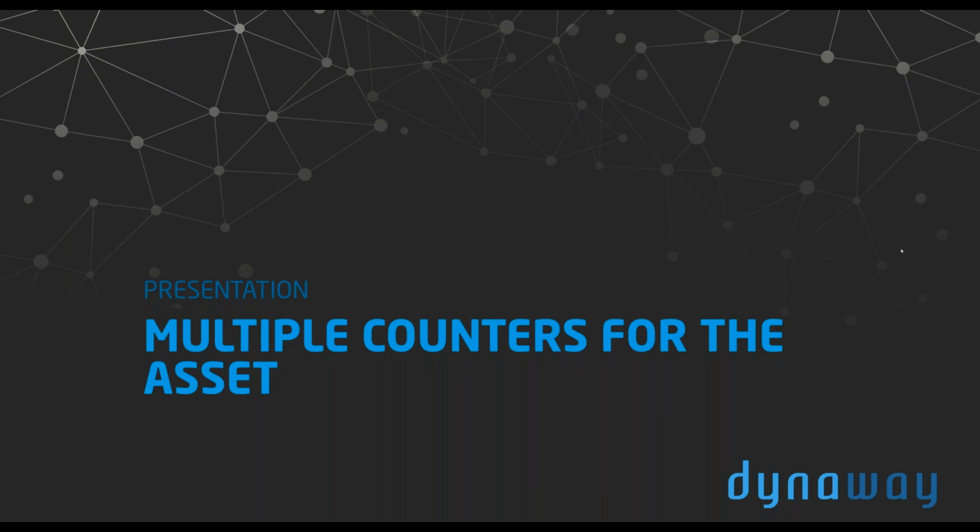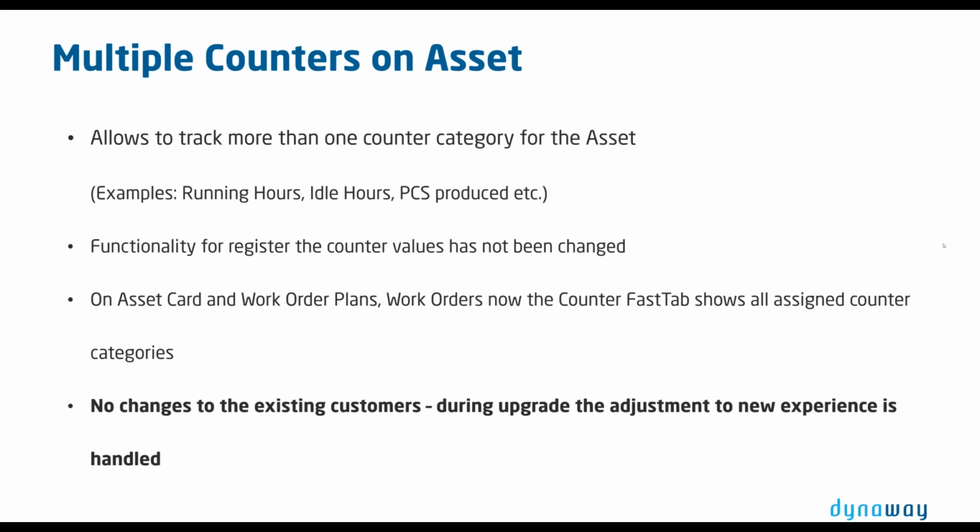We already had a feature related to the counters in the past release. In fact, from the beginning. But from some customers and also partners, we get information that one counter for the asset is not always the case. Sometimes we need to have more counters for the same asset.